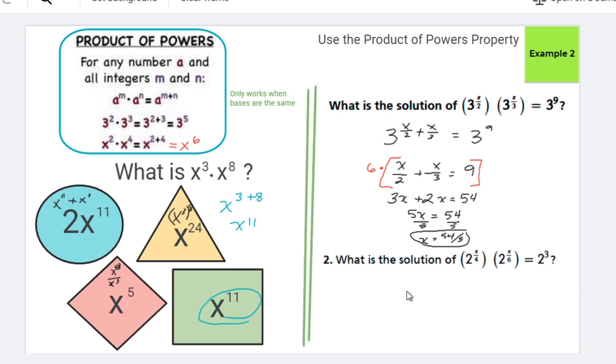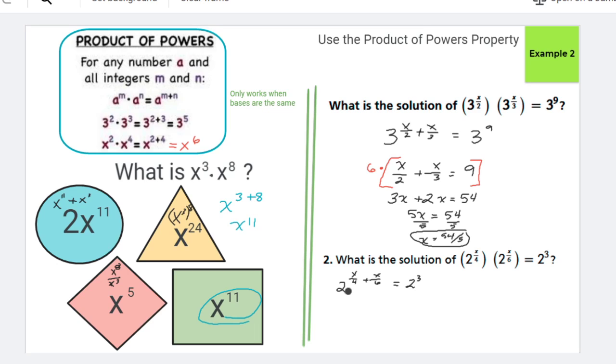All right, so let's try this again. Okay, so the first thing is that we can combine this using the power or product of powers property. So because the bases are the same, I can call this 2 to the x divided by 4 plus x divided by 6, and it's equal to this right-hand side, which is 2 to the third.